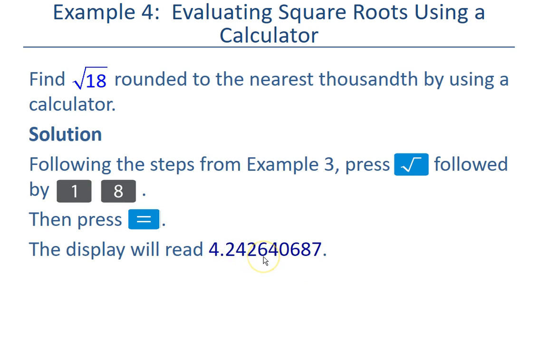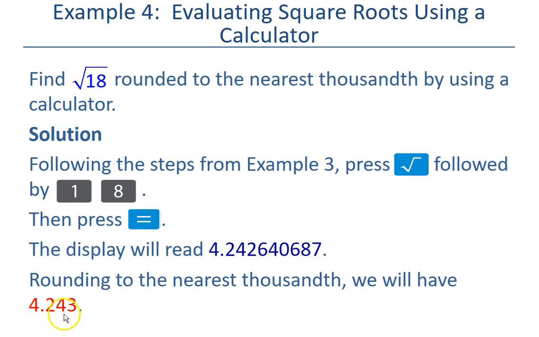We look now at the 4th place is a 6. So since it's 5 or more, we'll drop all of this, and we add 1 to the 2, making the 3rd decimal place a 3, because the 4th decimal place was 5 or more. And we get this as an answer. And that completes our lesson.